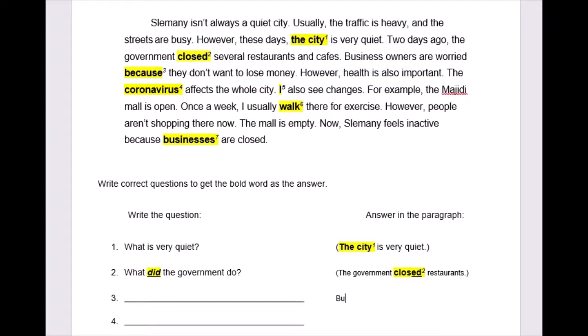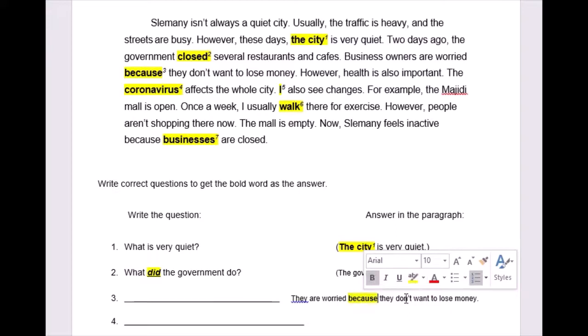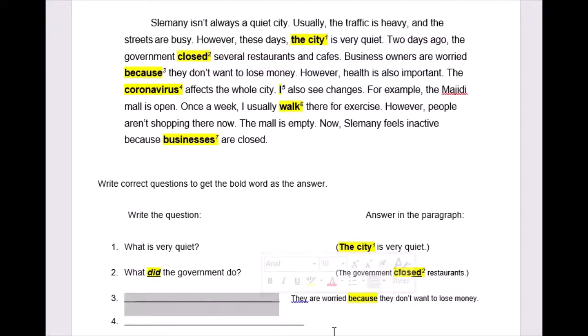Okay. They're worried because they don't want to lose money. Okay. So that's the sentence in the paragraph. And so I need a question that gives me the reason.